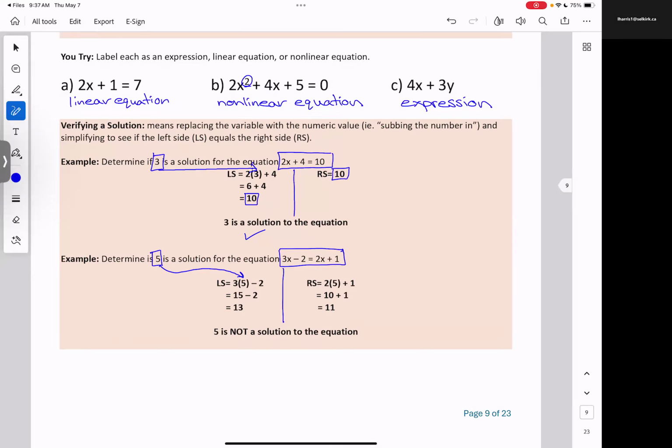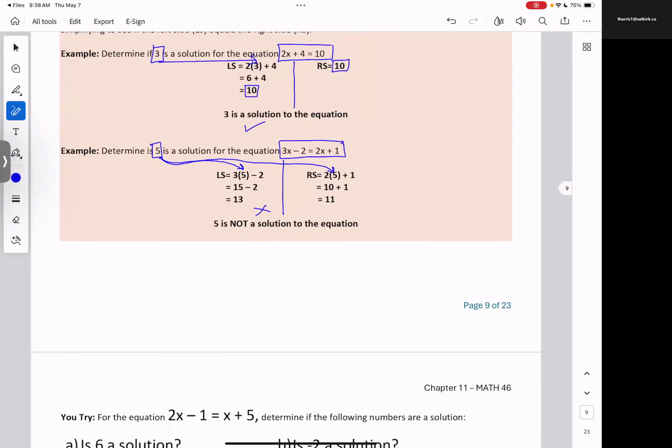Then we do the same thing for the other side. So we had 2x plus 1, so that's going to become 2 times 5 plus 1, which gives us 10 plus 1, or 11. So we're basically saying if 5 was correct, then 13 equals 11, which is not a true statement. Therefore, 5 is not a solution to this equation.